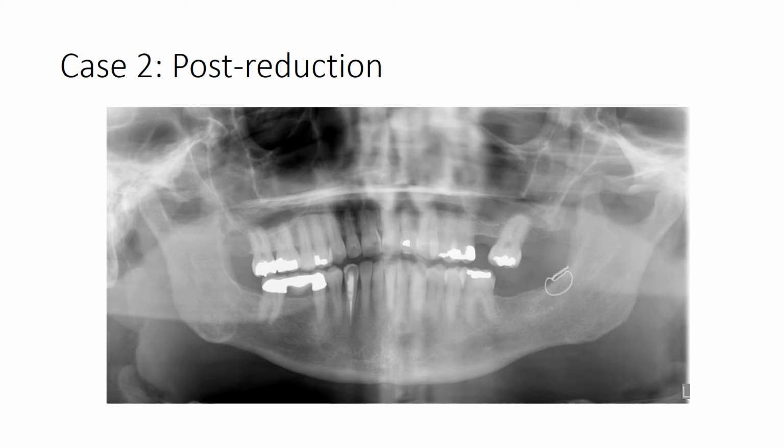So this is the patient after manual reduction. So I moved the condyles back into position and took a post-reduction radiograph. So you can see here the condyle is further back than it used to be. So I think this was that zygomatic arch eminence that I was referring to.